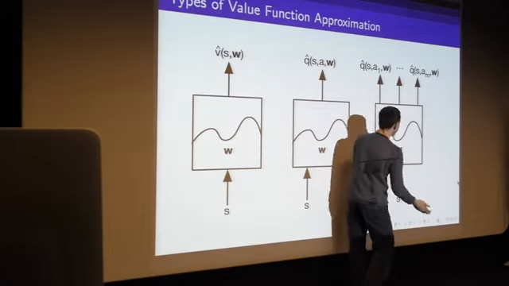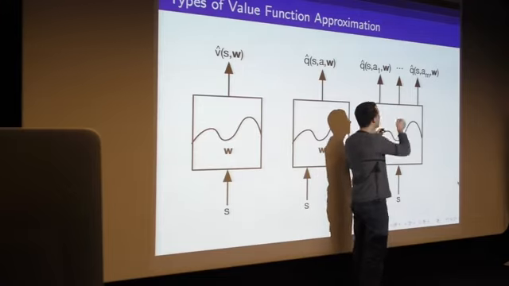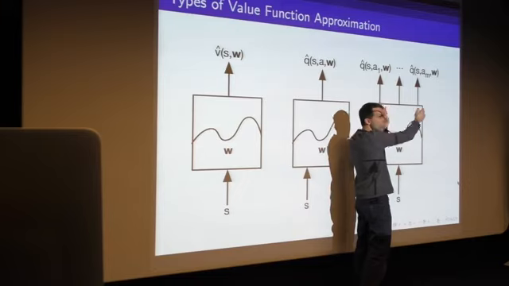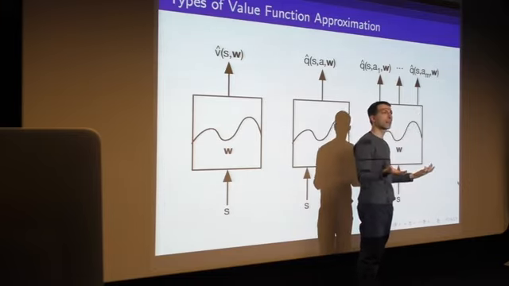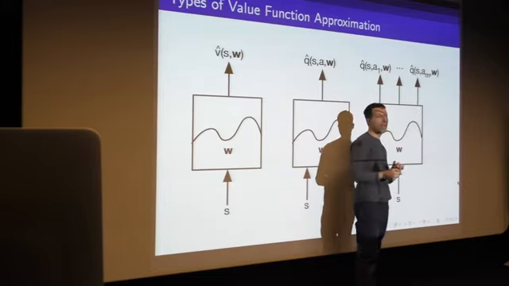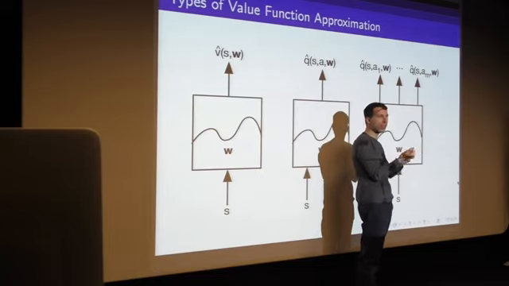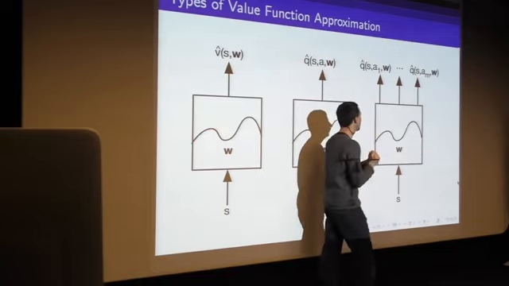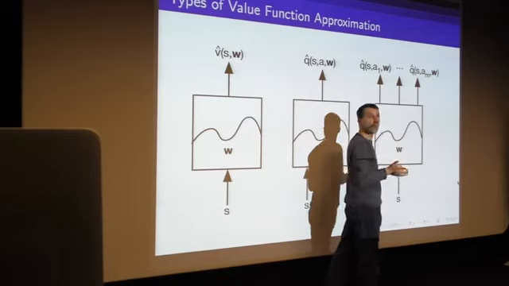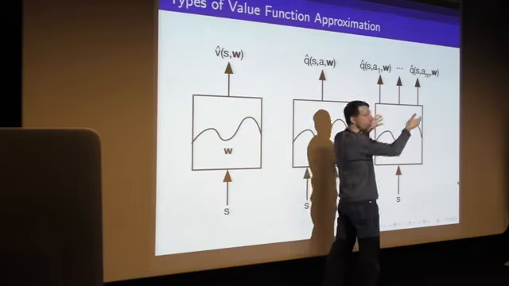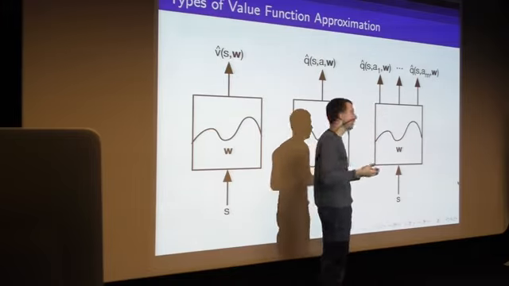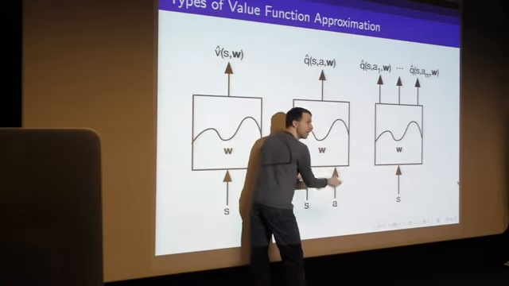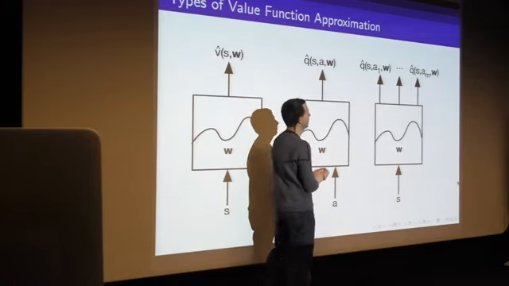The advantage of this is that in a single forward pass, this thing can spit out the values of all the different actions. We use this in Atari, for example. In one forward pass, we can say how good it is to move the joystick left, right, up, down, or press the fire button. And in just one forward pass of your neural network, you get all of the information required to make a decision. You don't have to feed it back in with different actions again and again.